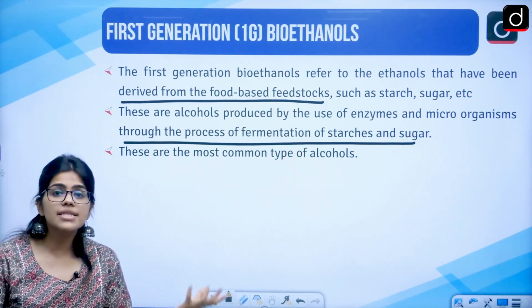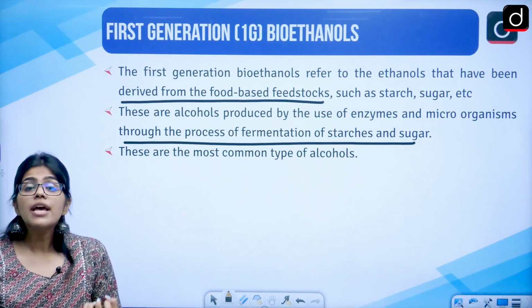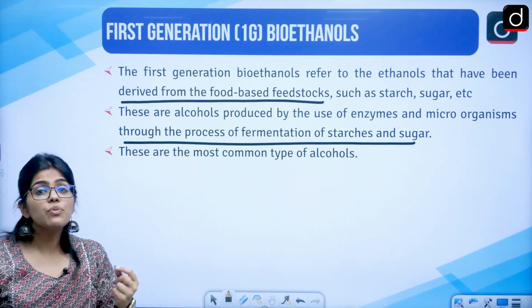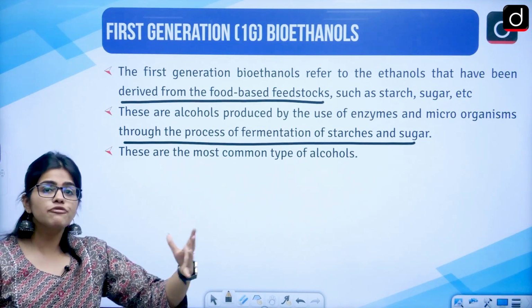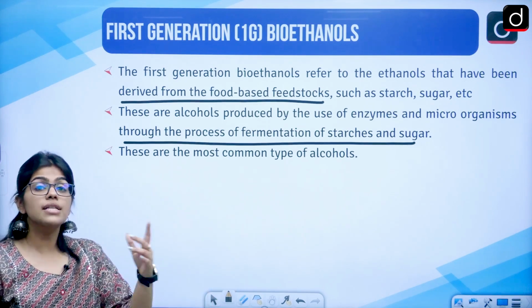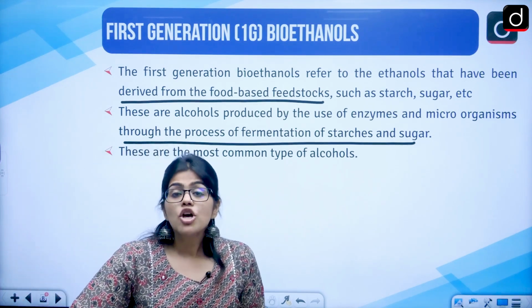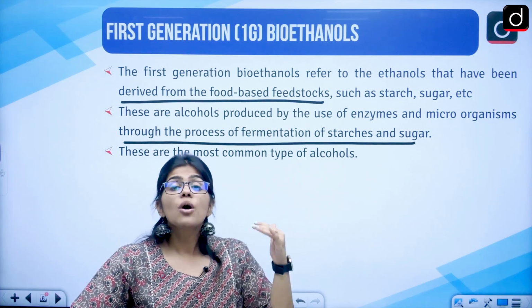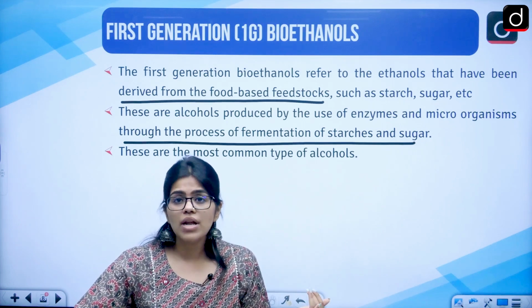But of course, this comes with drawbacks as well. If you recklessly use the food crops, then one day you will find that the food that was for consumption is reducing. So we are coming up with more and more initiatives so that more sugarcane can be grown as well.